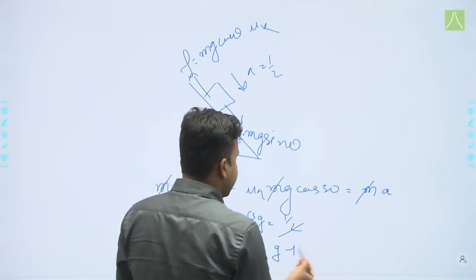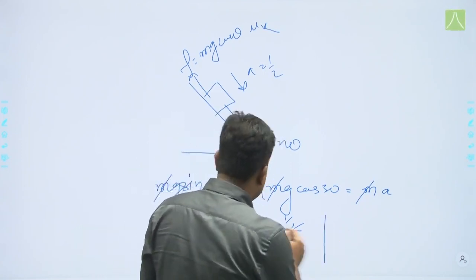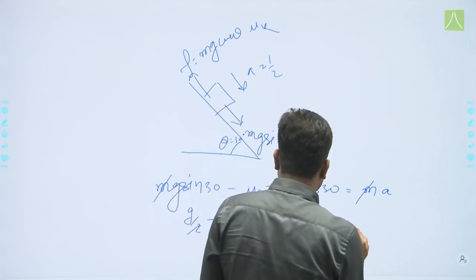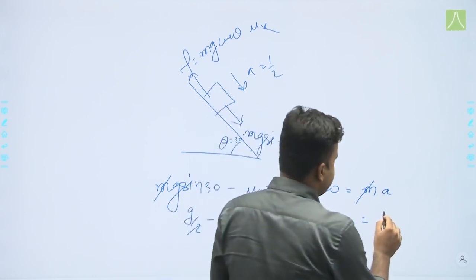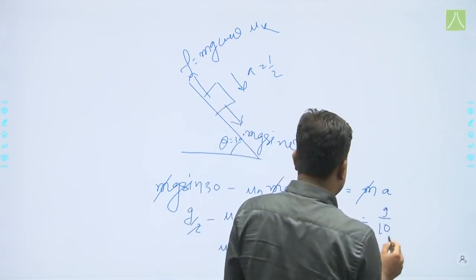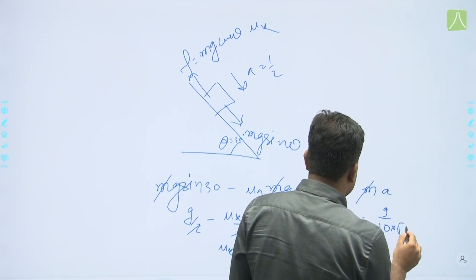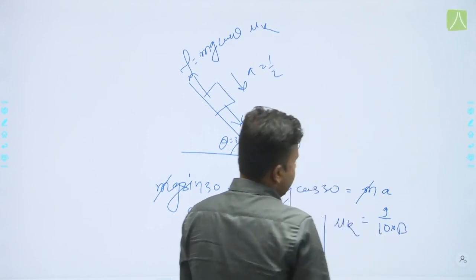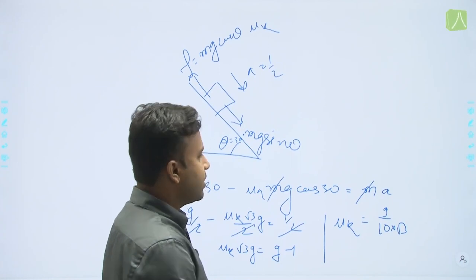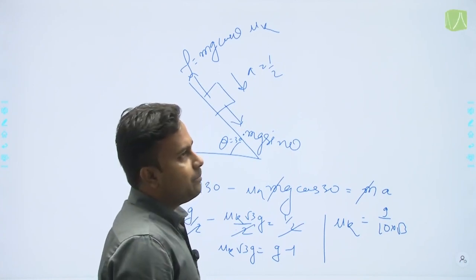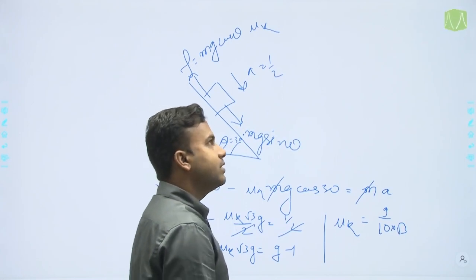Now this one, if I am assuming g equal to 10, then what we can write here, mu k is equal to 10 minus 1, which is 9, 9 divided by 10 into root under 3. So 9 by 10 root under 3, root under 1 by root under 3, it's 0.57, 9 by 3.